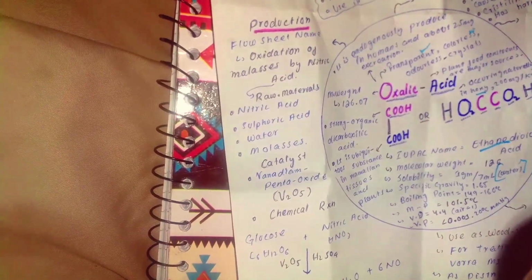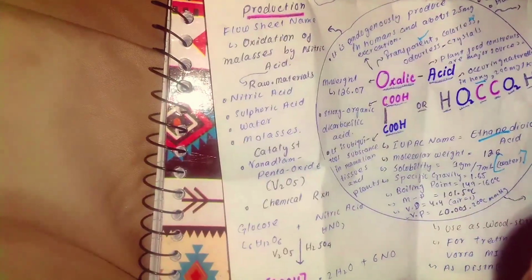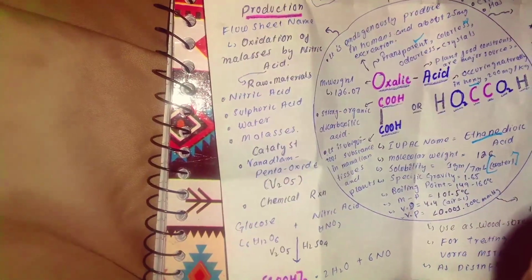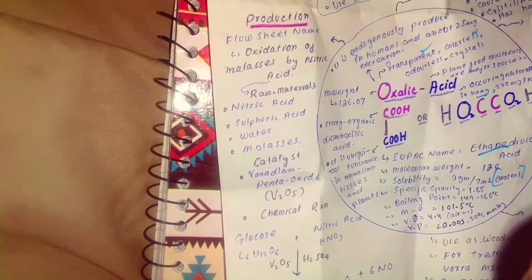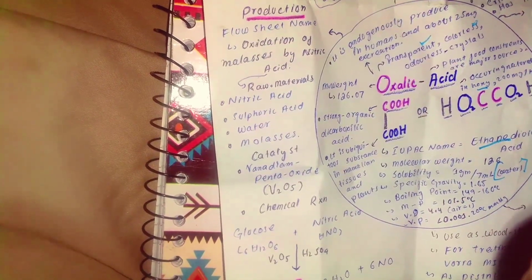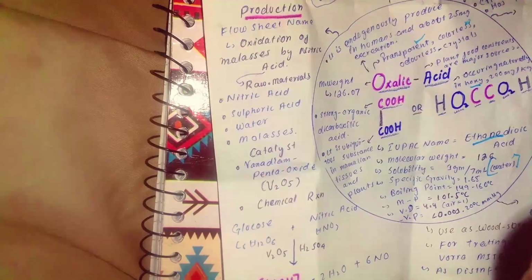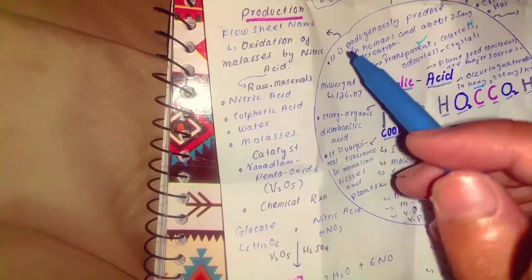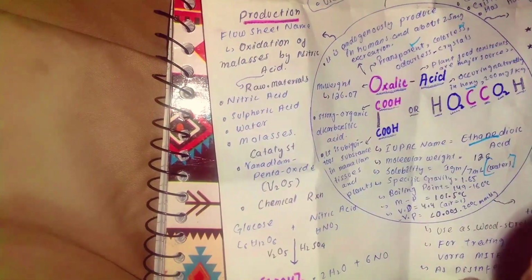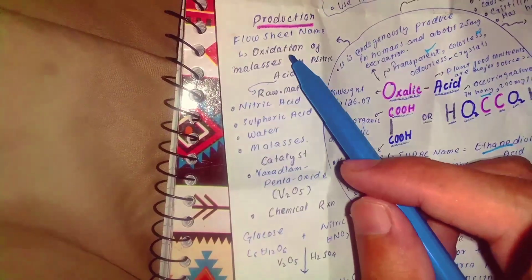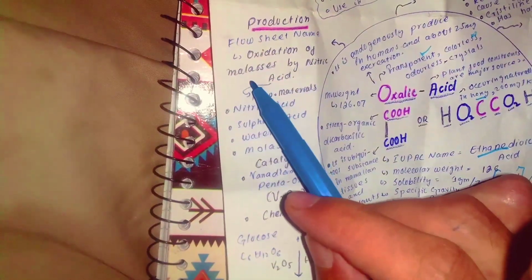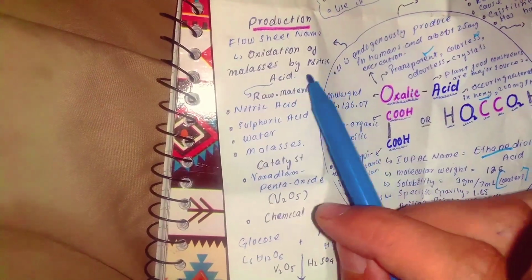Then when we talk about the production of oxalic acid, you know that in hydrochloric acid we also studied reactions that include some oxidation reactions and burning of fuels. In this way oxalic acid is also produced, through reactions that include oxidation of molasses by nitric acid.